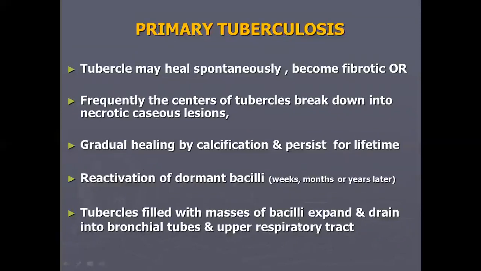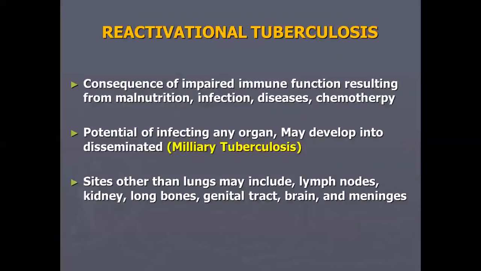And the tubercle filled with masses of bacilli can explode, expand, and drain into the bronchial tube. And this drainage into the bronchial tube and the upper respiratory tract can lead to the dissemination of the disease.